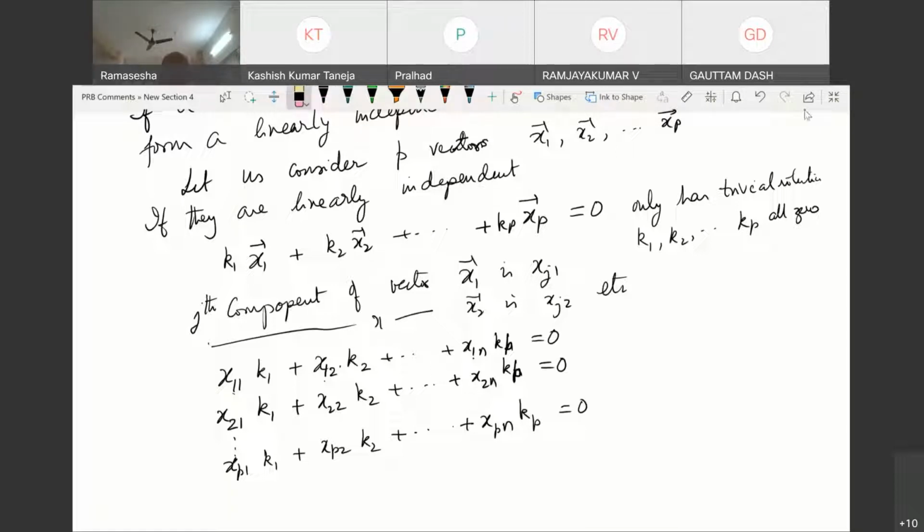I think I have made some mistake. The jth component, so xj1, first component, second component, pth component. So if I'm taking the second component of k1, k2, kp, the pth component, and the nth component also I have to write out, right?